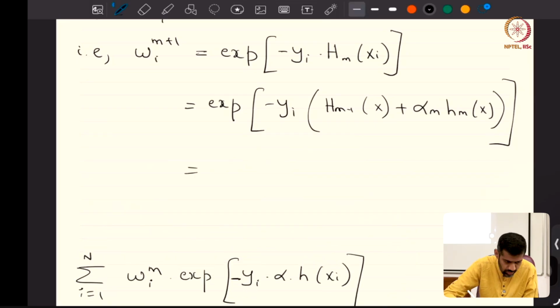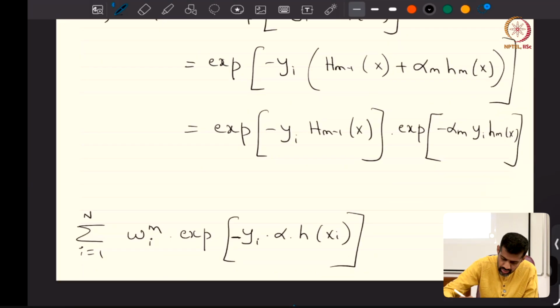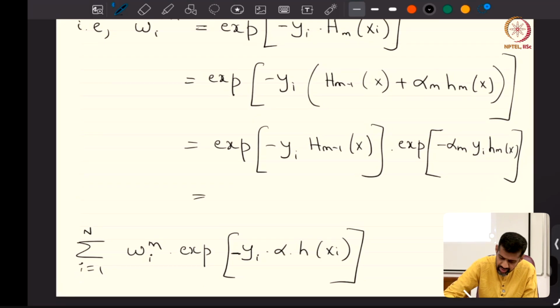So, this is equal to e power minus yi hm minus 1 of x times e power minus alpha m yi hm of x. What is the first term here?